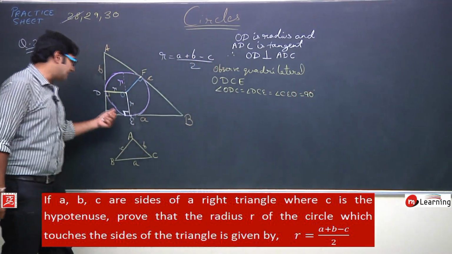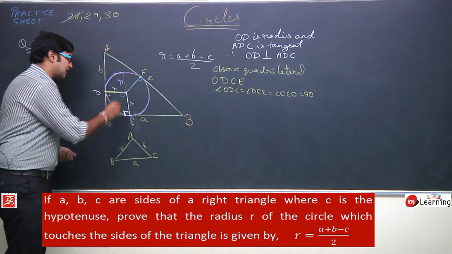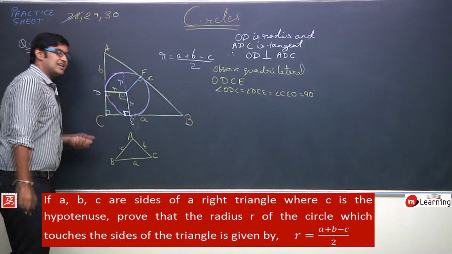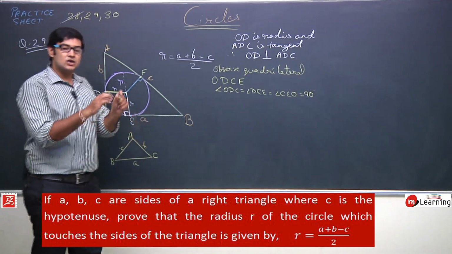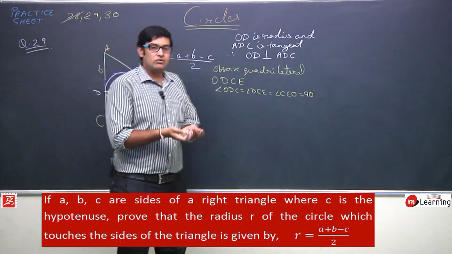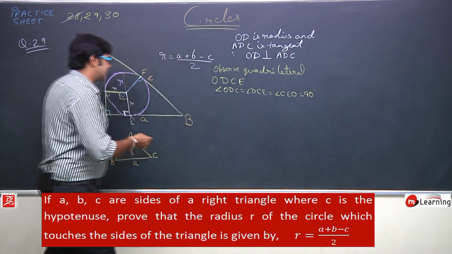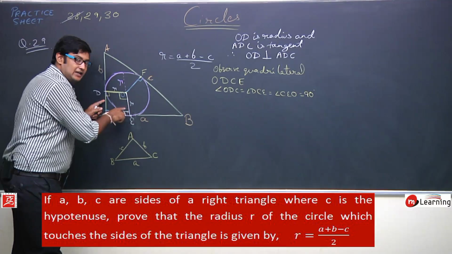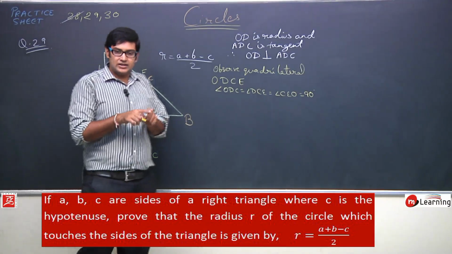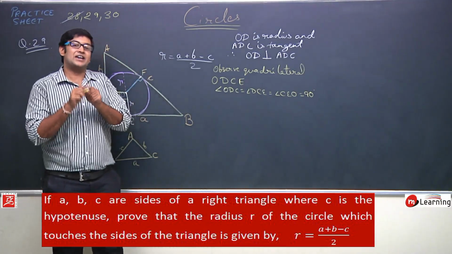So these three angles are 90 degrees. So what about this angle? This angle has to be 90 degrees because the sum of internal angles of a quadrilateral is equal to 360 degrees. So all the internal angles of this quadrilateral are 90 degrees.